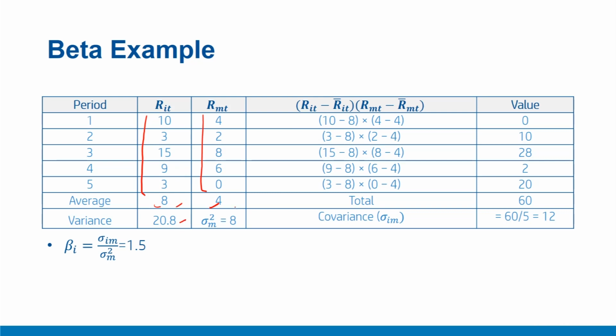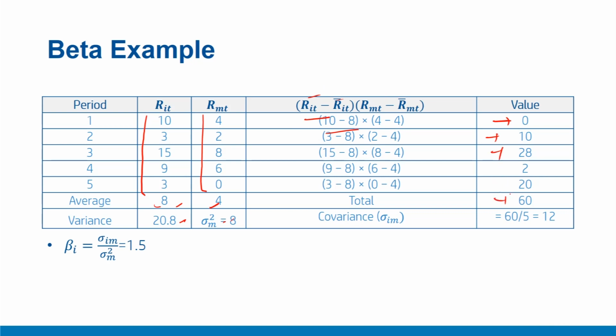Their variances also: sigma i square is 20.8, and sigma m square is 8. We can also compute the covariance with this expression, RIt minus RIt bar times RMt minus RMt bar, for which the values are computed here. And we can see the summation is 60.